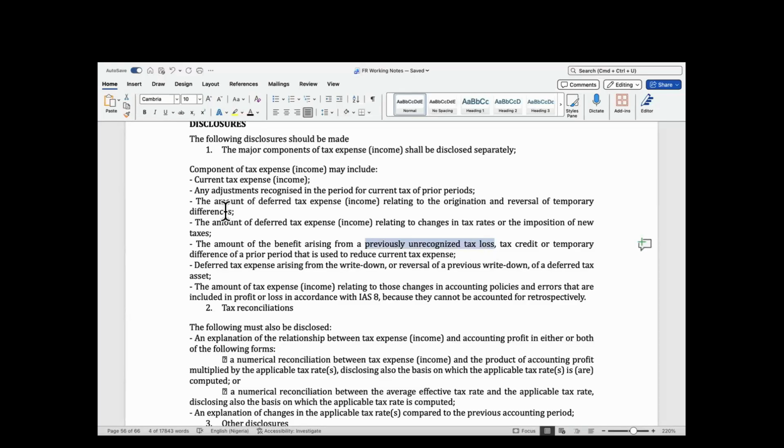So that would give you like 5 points in the exam. So I'm just keeping it even simpler than all the technical items written here for you. So we'll have the current tax, adjustment for current tax of prior period, deferred tax arising from temporary difference, deferred tax arising from tax losses that are carried forward, deferred tax arising from unused tax credit or unused capital allowances.